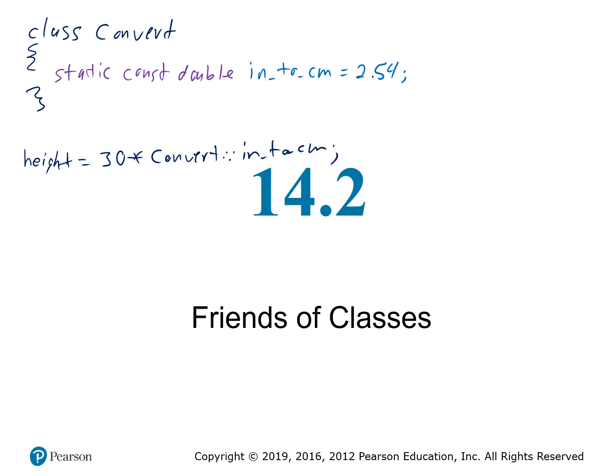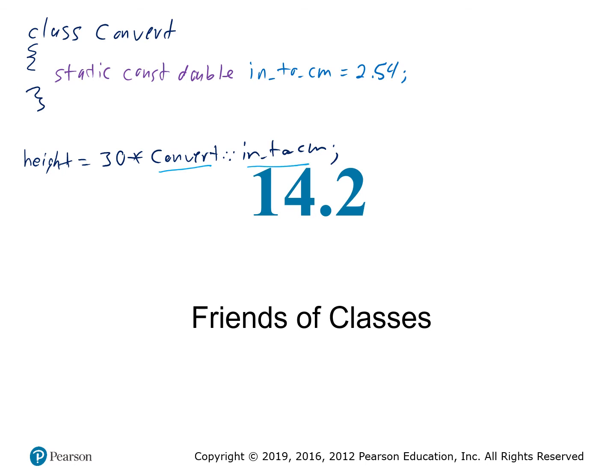Okay, and then it's very obvious what I'm doing. I don't have to stick a random so-called magic number into my code that is hard to interpret. Where did that number come from? It's obvious that what I'm doing here is converting inches to centimeters.